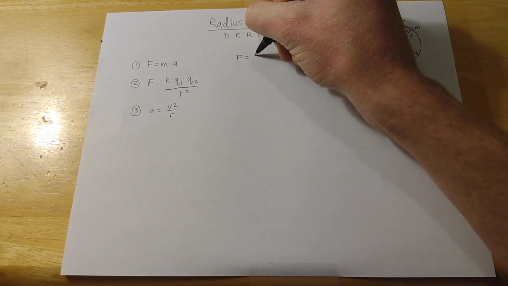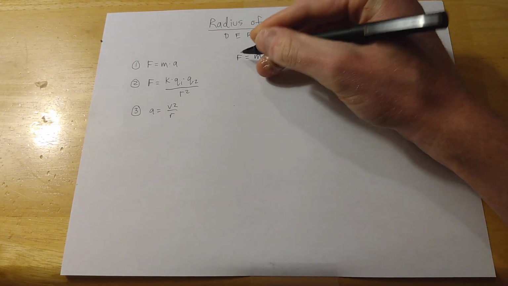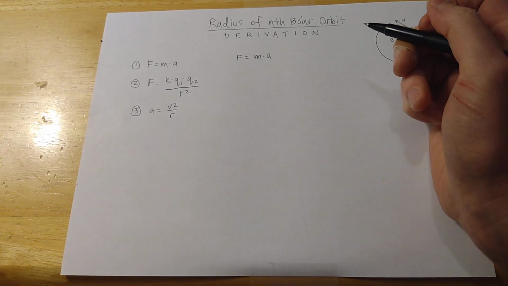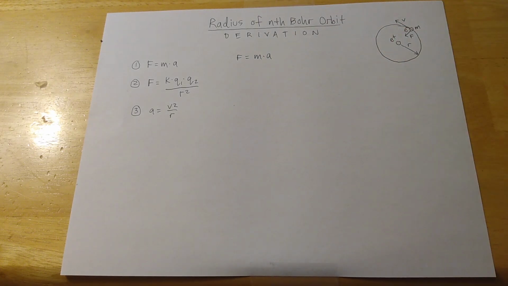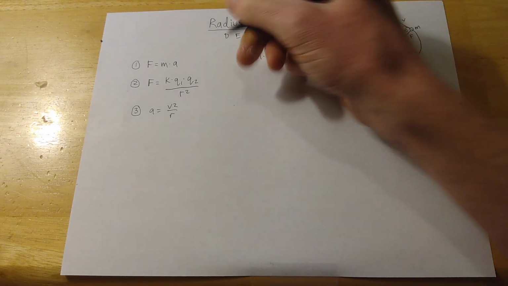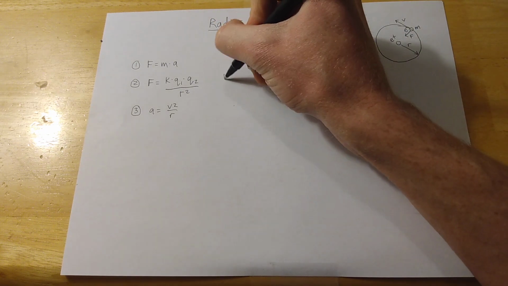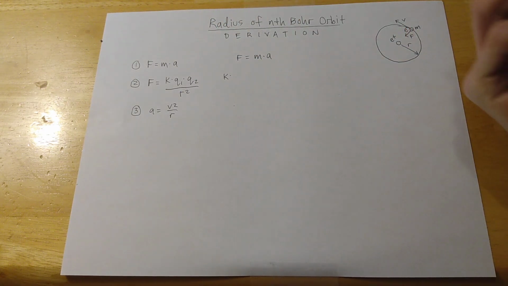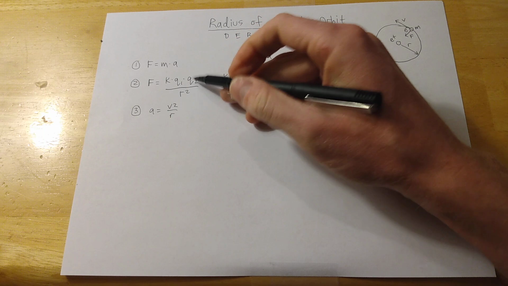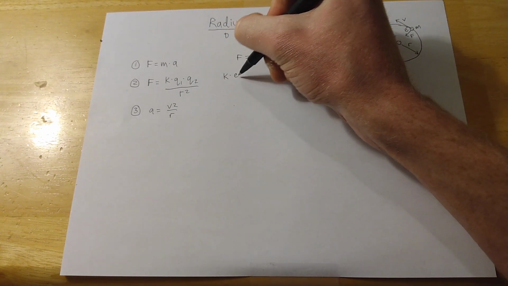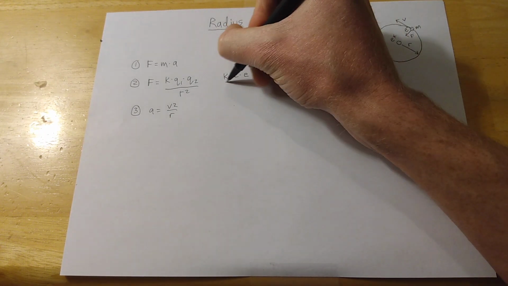So we're going to start with Newton's second law. And again, use Coulomb's law to replace F, since we know that that is the electrostatic force between those two. But like I said, at this point we're going to replace these charges with the charge of the electron, so e times e.